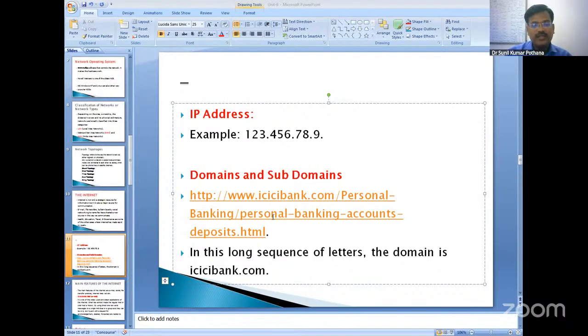The function of a DNS is to translate the host name into the corresponding IP address. It combines the organization name and the type of work that represents the organization. Let us look at domains and subdomains.